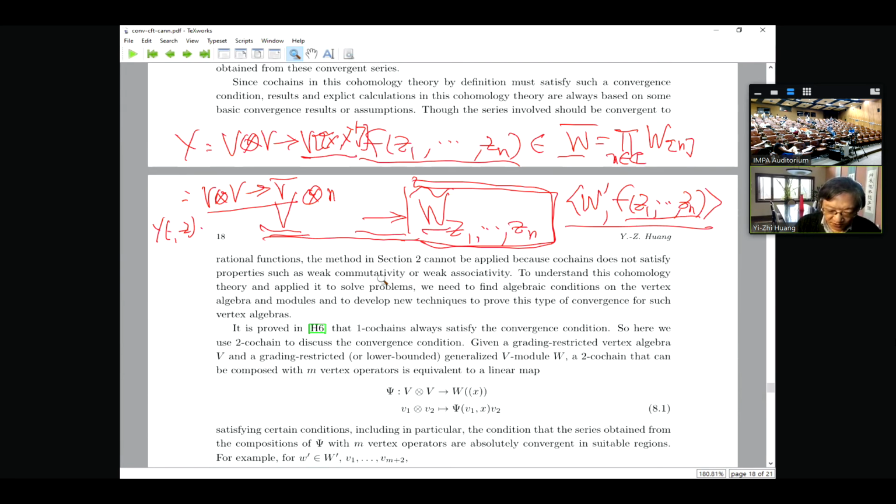So one of the properties when we discuss the cochain is that we actually have to assume that these maps can be composed with vertex operators. It means that these compositions are convergent.